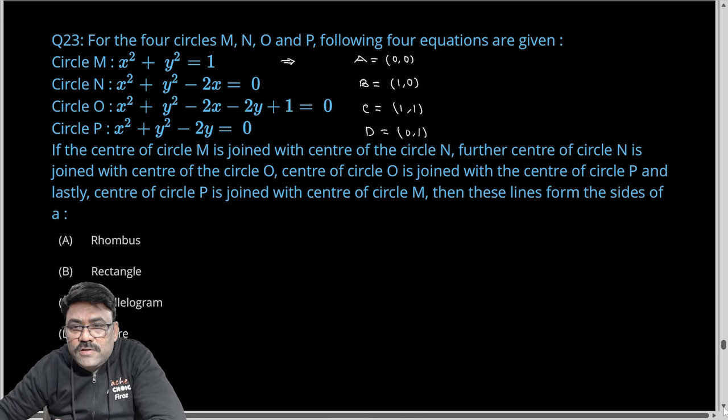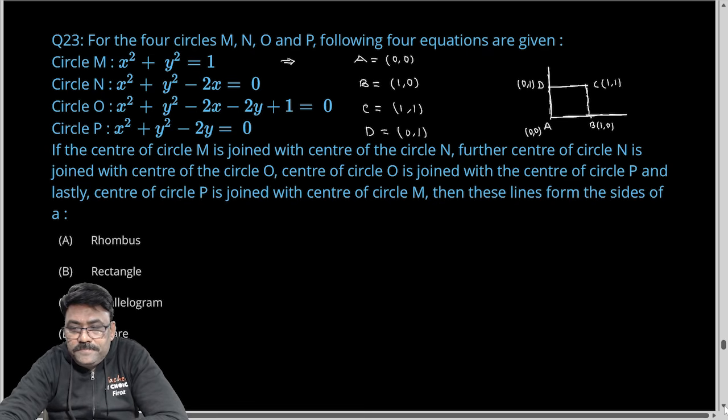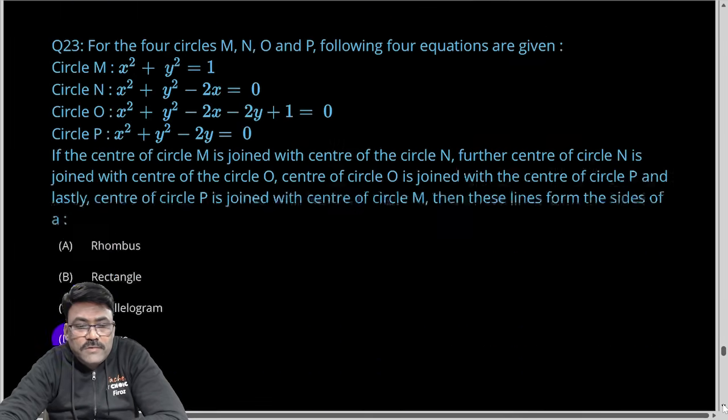You can clearly see that A point is origin 0, 0, B point is 1, 0, D point is 0, 1 on the y-axis, and C point is 1, 1 here. So obviously, if I join these 4 points, I'm getting a square. These 4 points simply form a square. Very easy question.